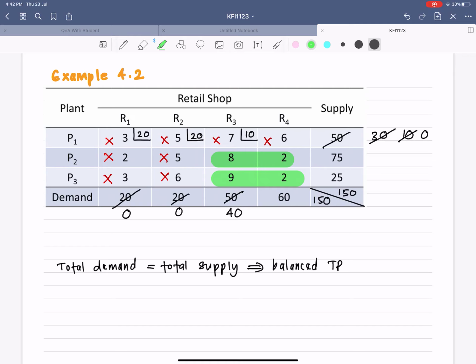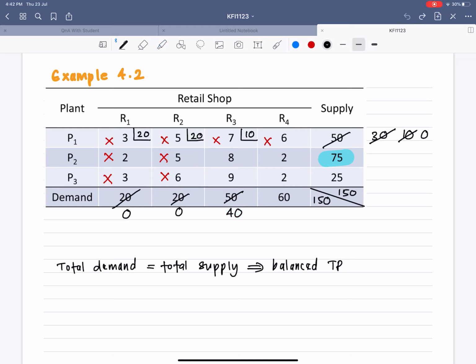Now the remaining cells are only these. Among these 4 cells, the northwest corner is this one. Now we need to compare 75 and 40. 40 is less than 75, so we will allocate 40 to the northwest corner.